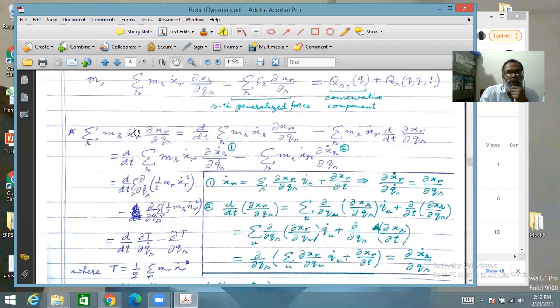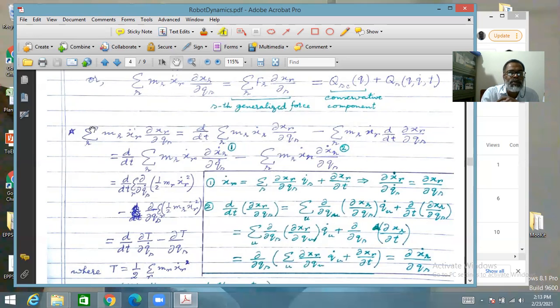Now we want to remove one dot from here and put a d by dt here. Is it okay? It's not exactly okay, because d by dt of this whole thing will mean the derivative of this entire product. This sigma is creating no problem, because derivative of a sum is the sum of the derivatives of individual parts.